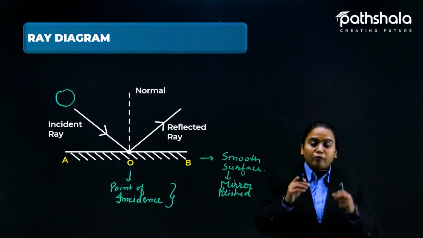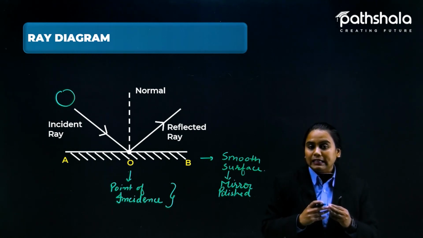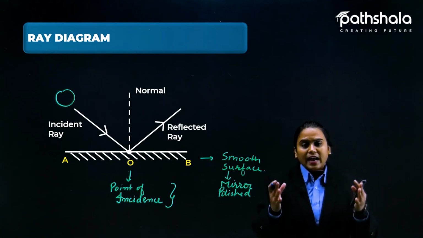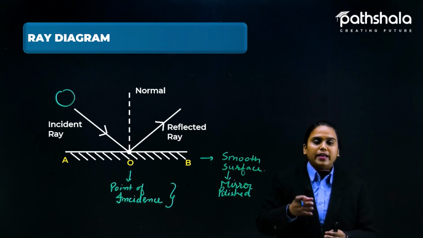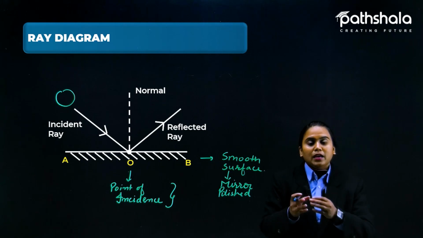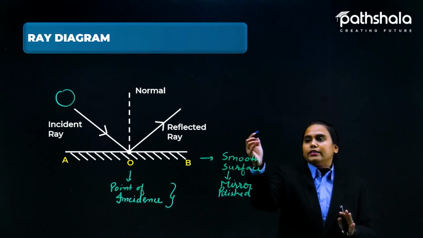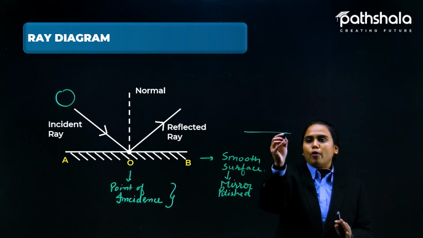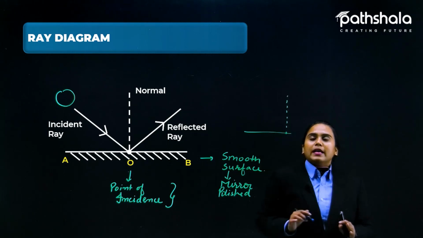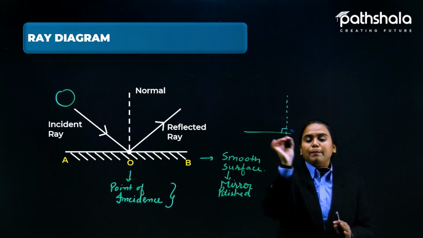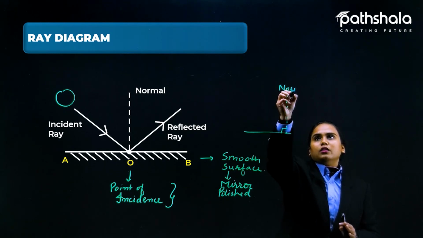Now from this point, if we make a 90 degree angle, it is not that you have to actually make a 90 degree angle by taking a rod or any wooden erect thing. No, nothing like that. It is just a surface, and from any point, if you imagine a straight line that is perpendicular, that is known as the normal.